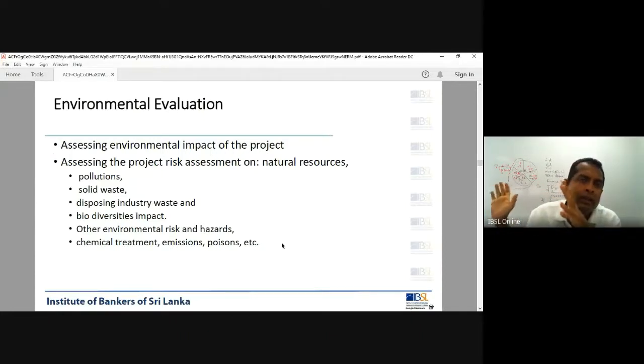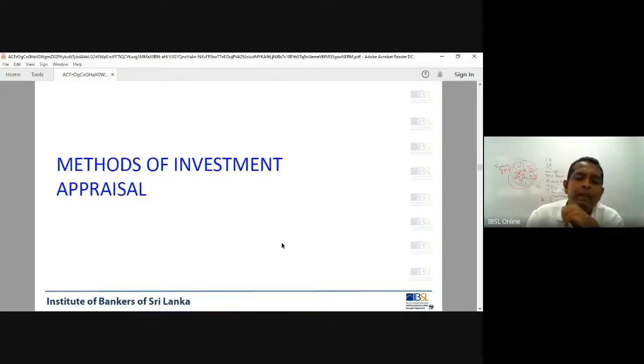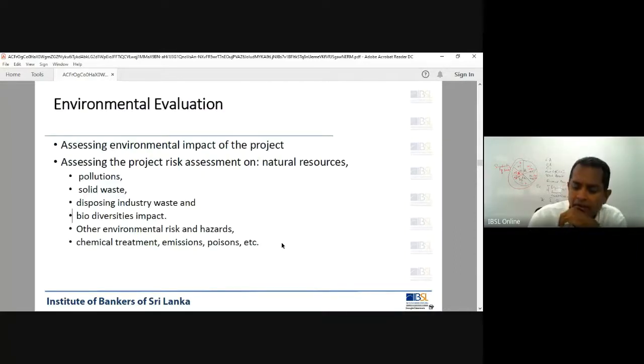For projects like Port Authority, you have to have an environmental impact analysis. Then only you can go. You can't destroy anything for the sake of development. Right? So those are the key areas.